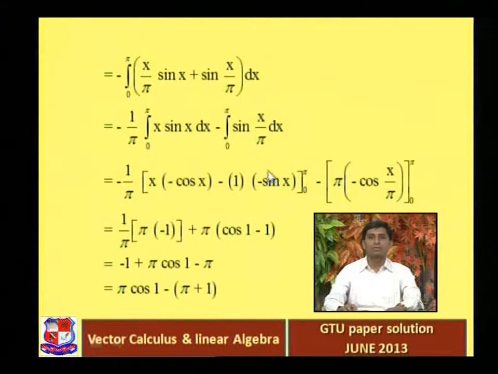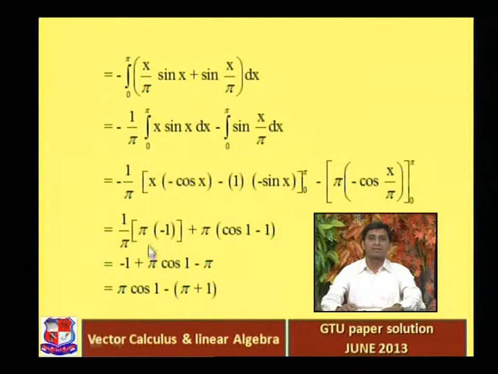Then when we put 0, this is 0 and this is also 0, so the only term remaining is pi into minus 1 plus, now put the value pi here, pi will be outside, plus pi into cos 1, right? This minus 1 and this minus 1 become plus, so cos 1, and put 0, so you will get minus 1, right.